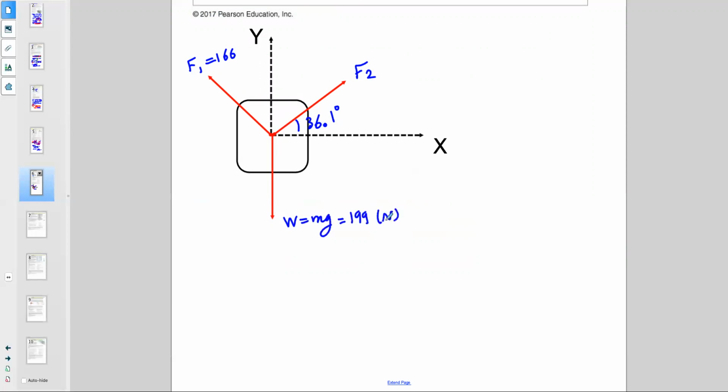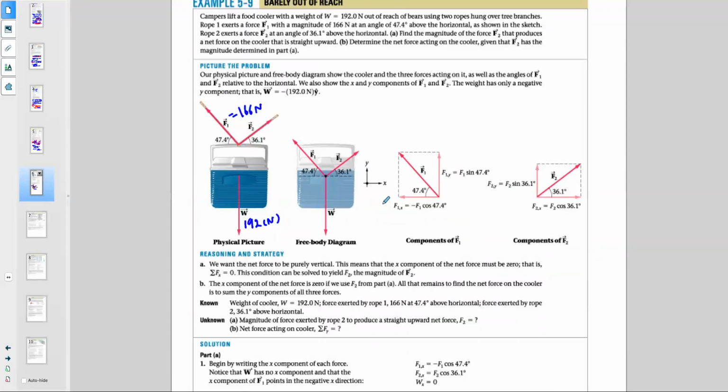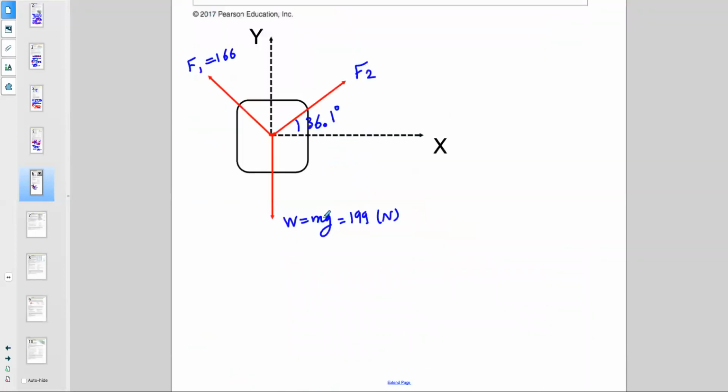Is that what it is? Take a look. 192, and this angle is 47.4 degrees.